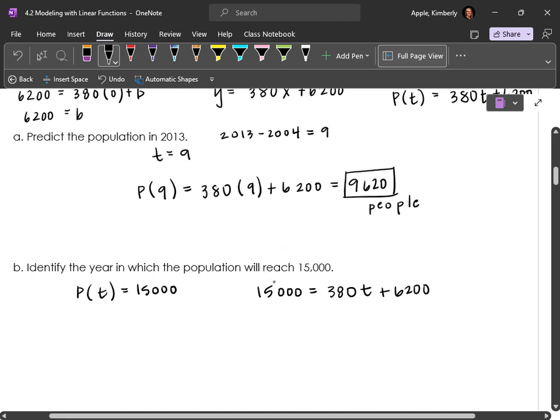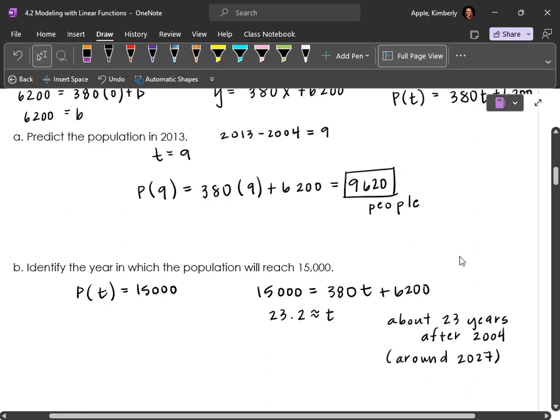Solving with the normal rules of algebra, we'll end up with about 23.2 equals t. And so that's about 23 years after. Remember, we defined this to be 23 years after 2004. So that'd be around the year 2027.